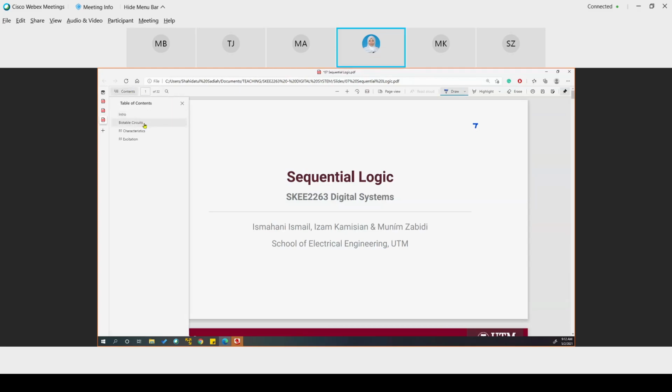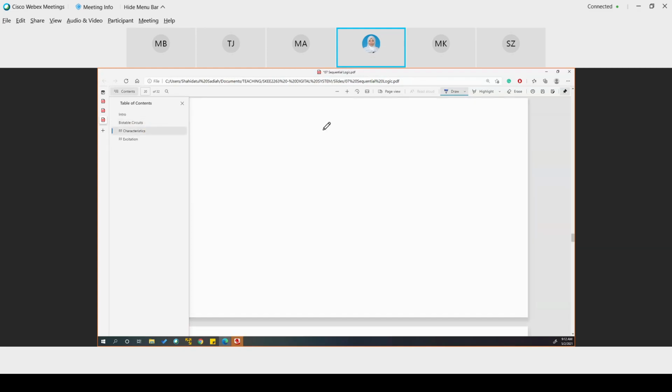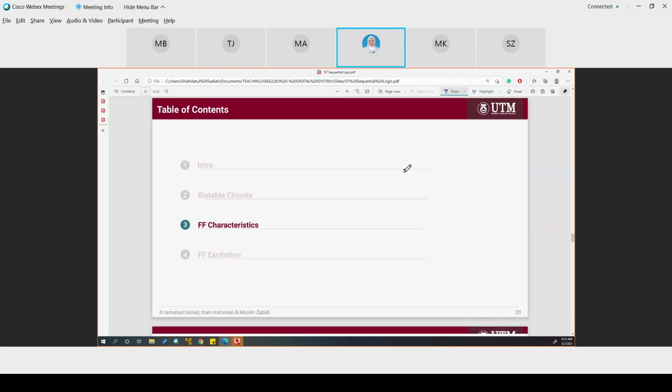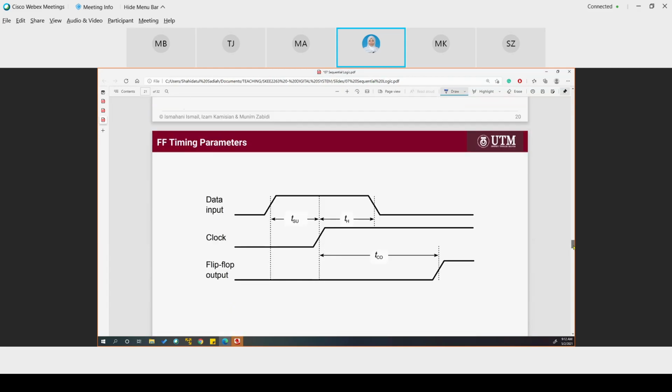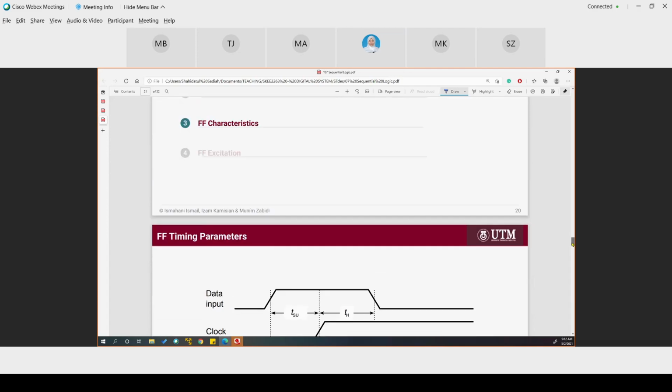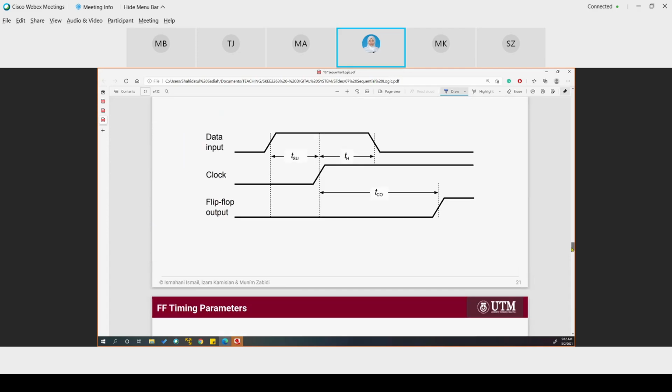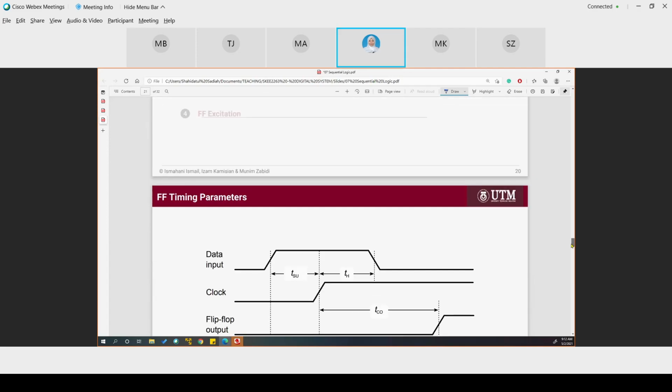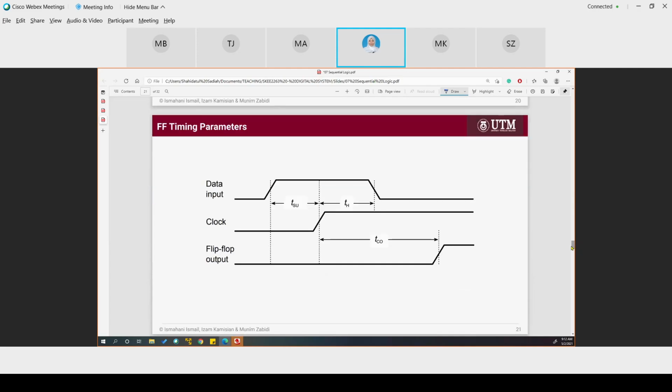I would like to explain about the sequential logic circuit, which is most of this has been discussed in the video, all right, but the characteristic, which is the timing, I don't think I have discussed it there, so I wanted to discuss it here. Okay.